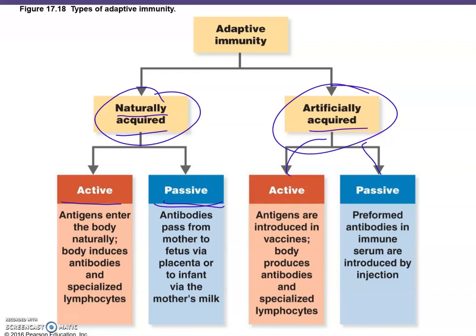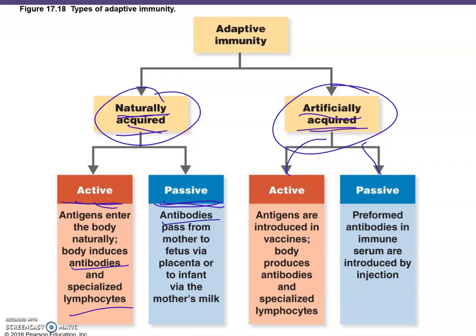Now let's take a look at adaptive immunity. It could be either naturally acquired or artificially acquired. Naturally acquired adaptive immunity could be active or passive. In the active case, the antigen enters the body naturally, and the body produces antibodies and then specialized lymphocytes.